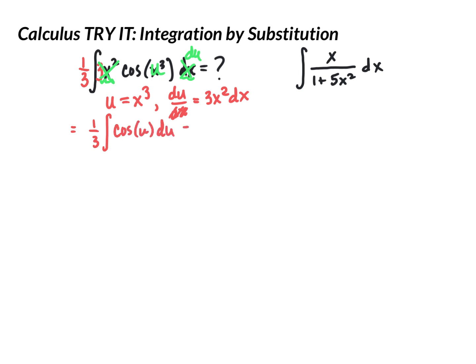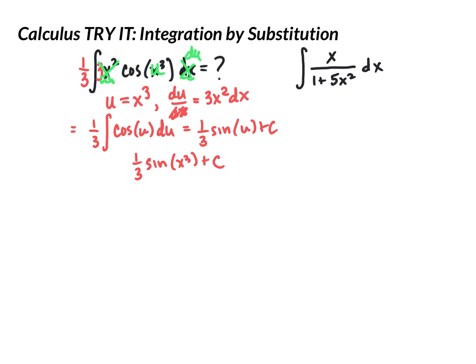Well, the antiderivative of cosine is very easy. It's just sine. And to finish the problem off, we just go back to what we began with, which was an x cubed in place of u, and there's our final answer.